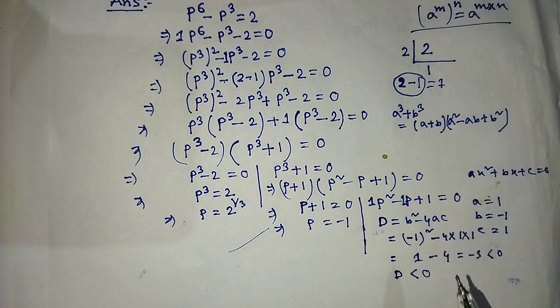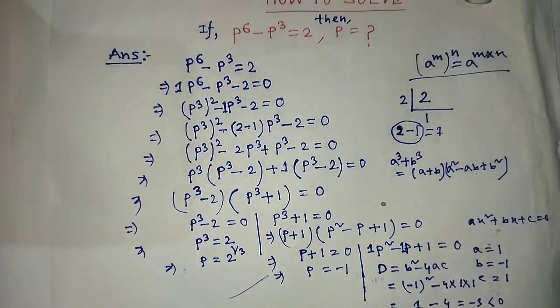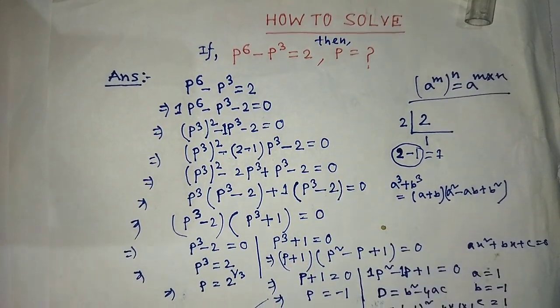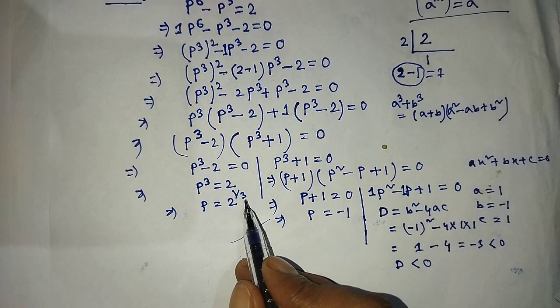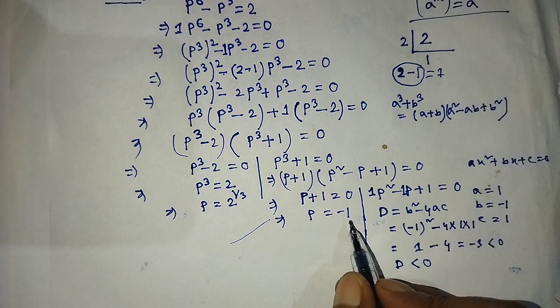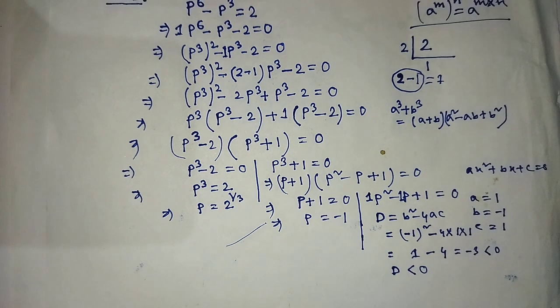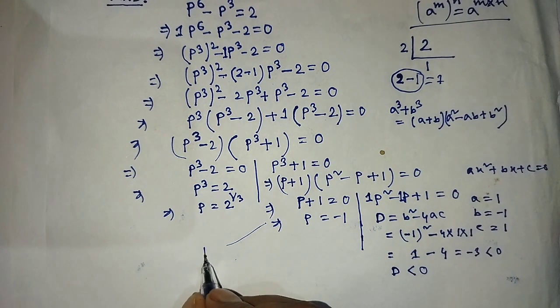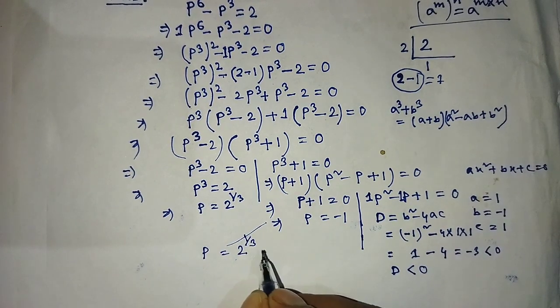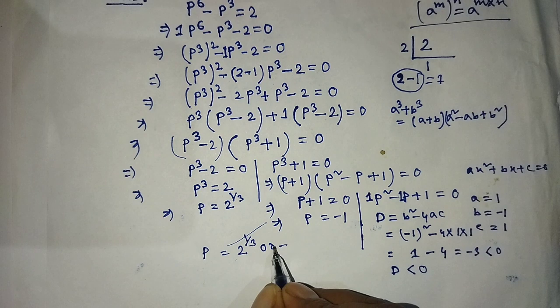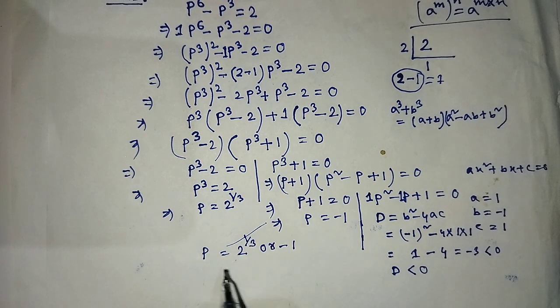So this equation has only two real solutions. One solution is 2 to the power 1 by 3 and the second solution is minus 1. So the value of p will be 2 to the power 1 by 3 or minus 1. So this is our final answer.